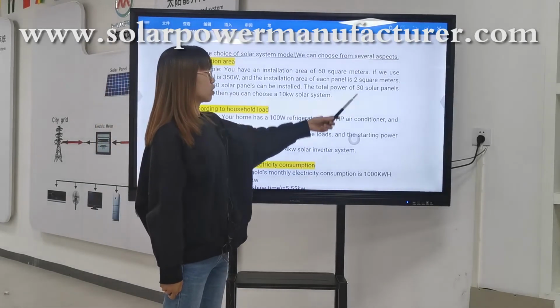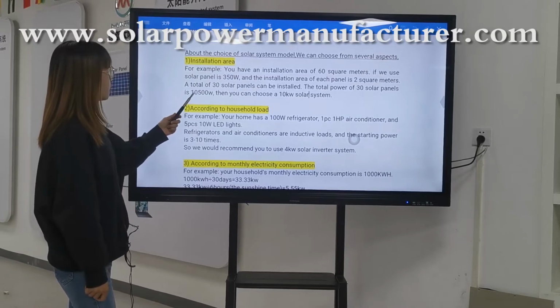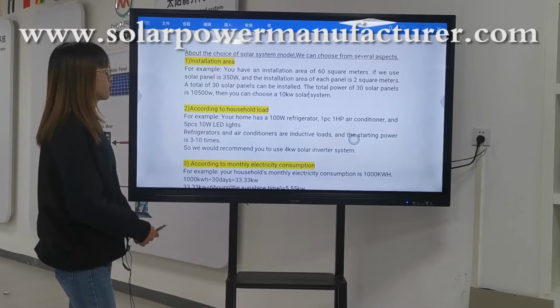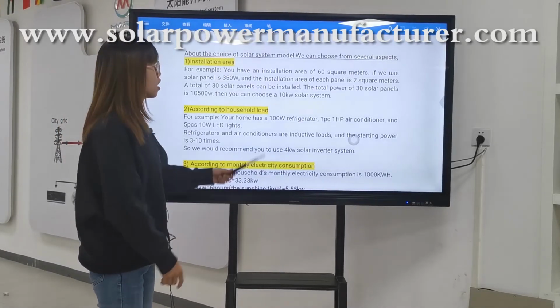The total power of the 30 solar panels is 10,500 watts. Then you can choose the 10 kilowatt solar power system for you to use.